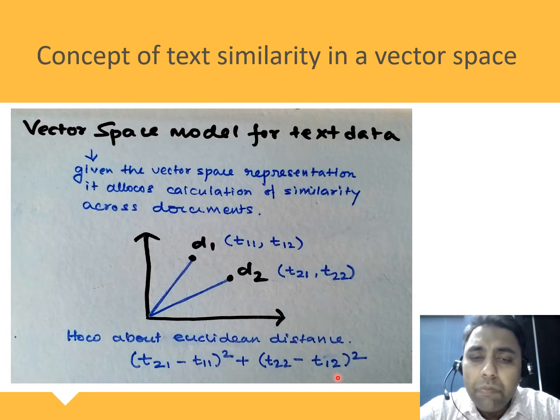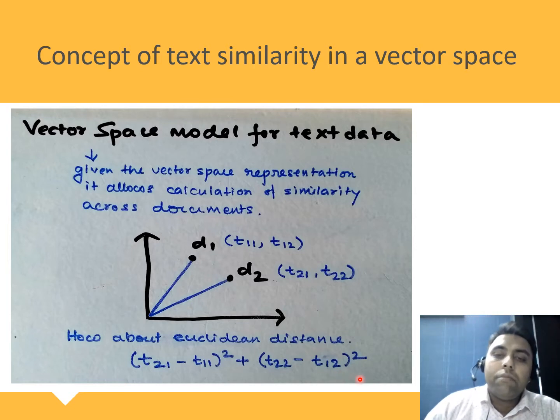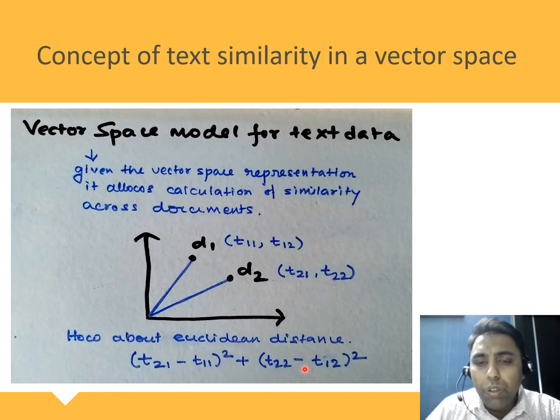So conceptually speaking, if I have to measure whether the two documents are similar or not, I can try and measure if there are similar words or similar terms present in these documents or not. That way, Euclidean distance appears to be doing quite fine, right?